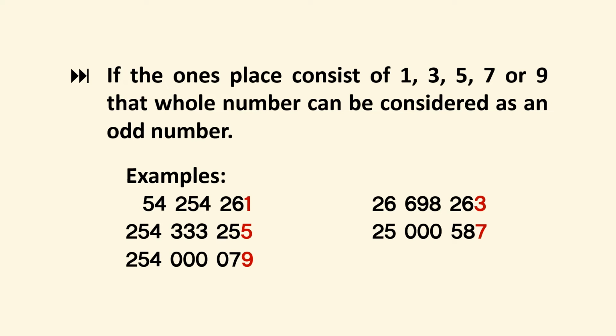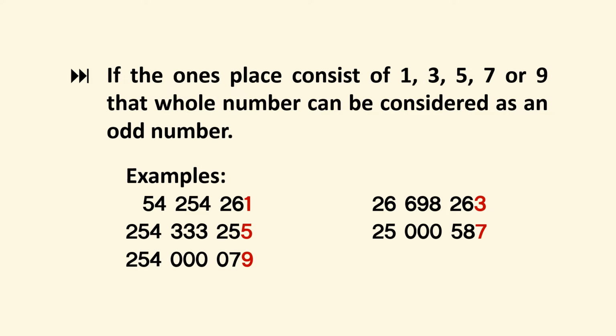That means 54,254,261, that is an odd number. 26,698,263, that is also an odd number. 254,333,255, that is also an odd number. 25,587 and 254,079, those two are also odd numbers.